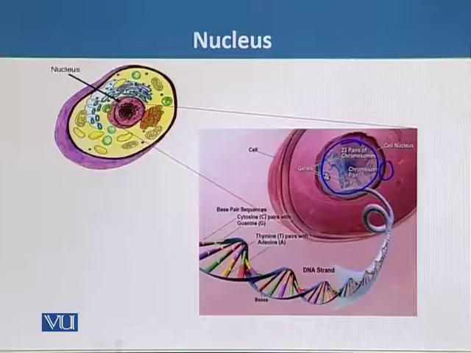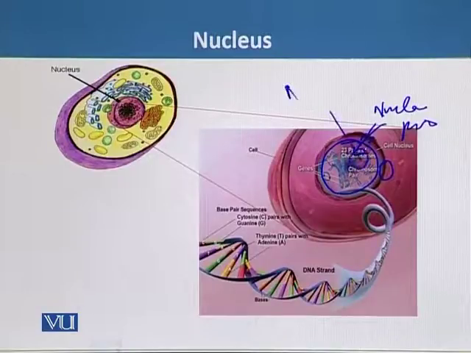It has small pores called nuclear pores. Anything that enters or leaves the nucleus has to pass through the nuclear pore. Within the center of the nucleus is a structure called the nucleolus. And within the nucleolus, ribosomal RNA is synthesized, and in turn they form the ribosomes.